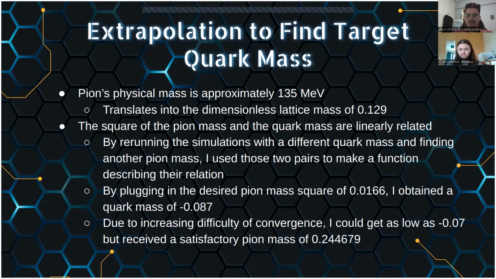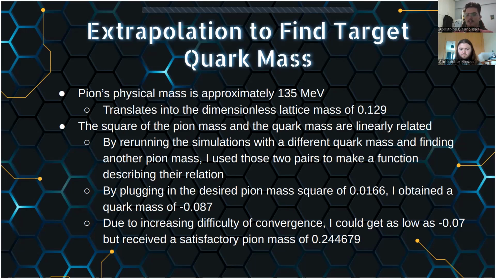The pion's physical mass is approximately 135 mega electronvolts and translates into the dimensionless lattice mass of 0.129. To approach it, I exploited the approximately linear relation between the square of the pion mass and the quark mass.